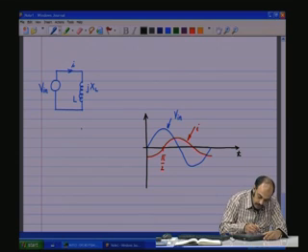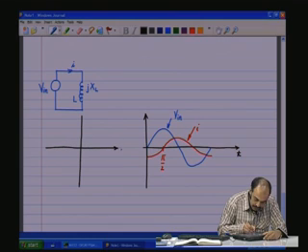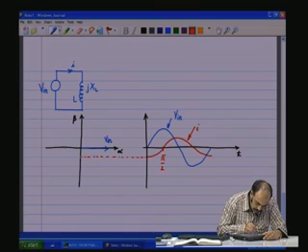Now, let us look at how it looks like in the spatial coordinate system, the alpha beta coordinate system. So, again we are taking V in as the reference starting from 0, let that be this vector, this is the V in vector. Now, the current, it is starting at the minus peak, and with a phase shift of 90 degrees.